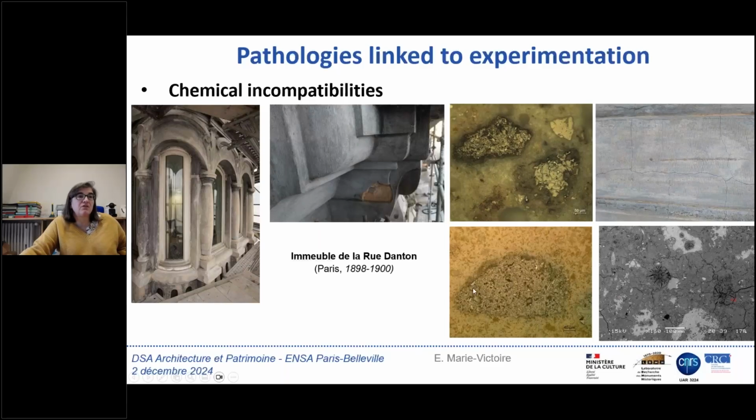Here you can see the natural cement under the microscope, and here the Portland cement. You can see that the composition is really different, and the point is that in the natural cement we have a lot of sulfate, that has created a sulfate reaction in the Portland cement. As you can see the cracks, and under the microscope you can see the ettringite needles formation.